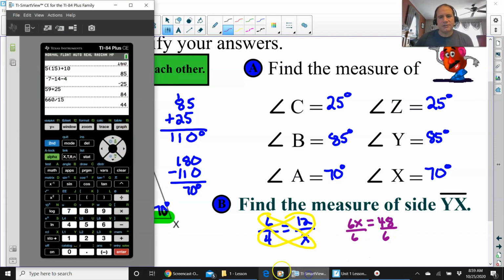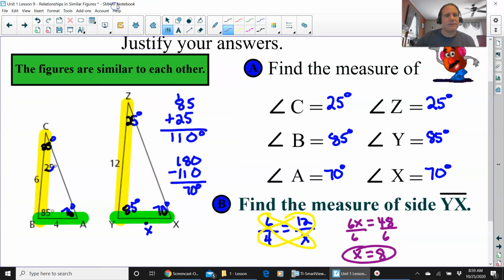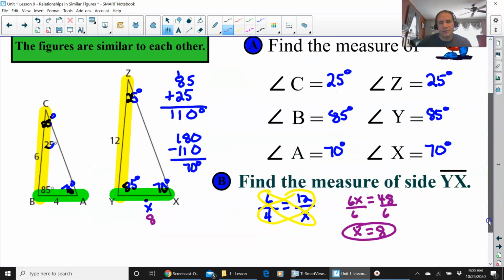And just to make sure, even though I know that the answer is 8, we're going to use the calculator. So this side is 8. 6 doubles to 12, and 4 doubles to 8. And that's it. Not too shabby.